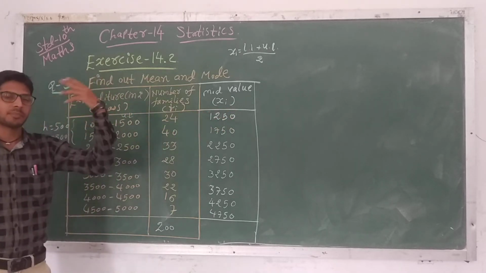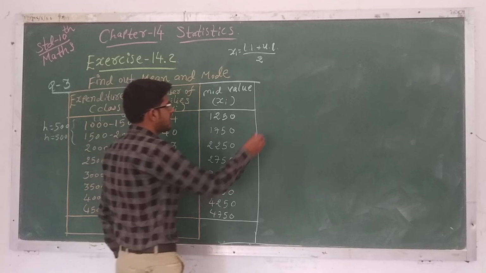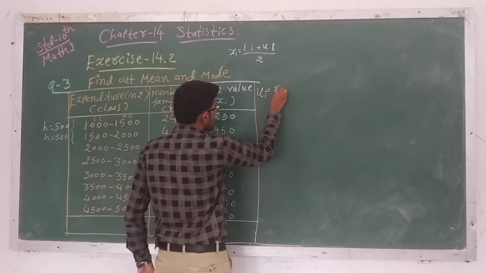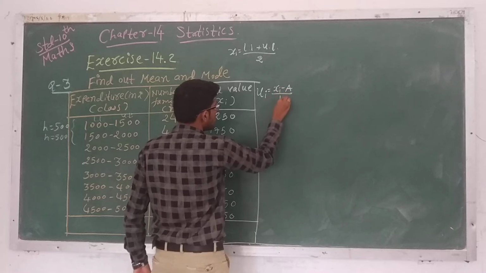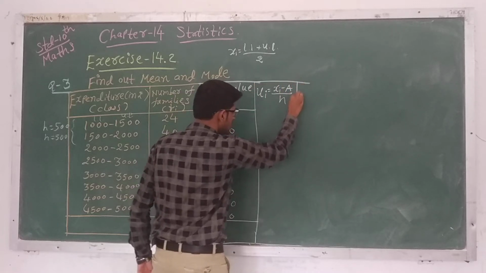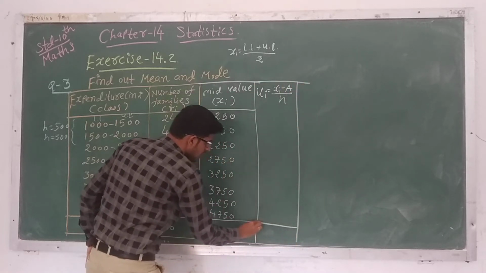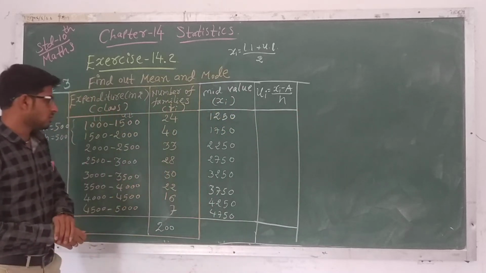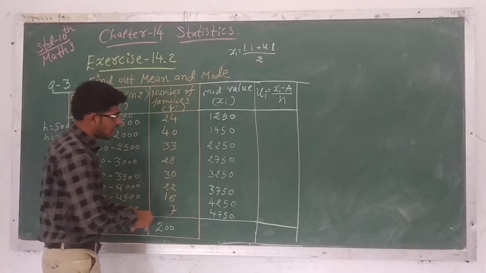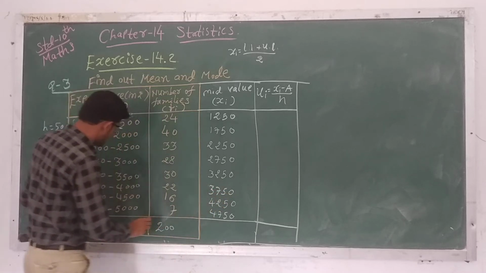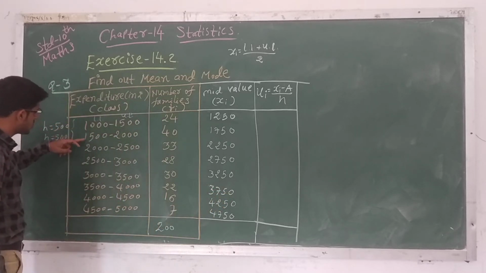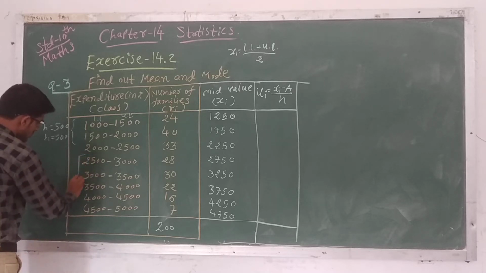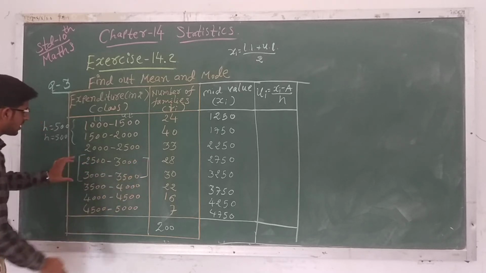So we have to apply the step deviation method. So the next column will be ui. ui is equal to xi minus a divided by h. h is the class length of the given classes. So first of all we have to suppose a. Here the number of classes is 1, 2, 3, 4, 5, 6, 7, 8, so there will be 2 classes in between.